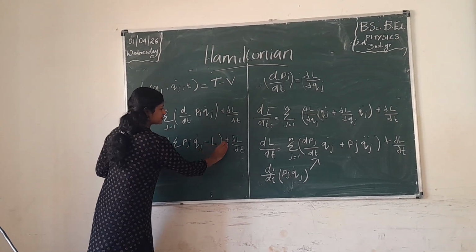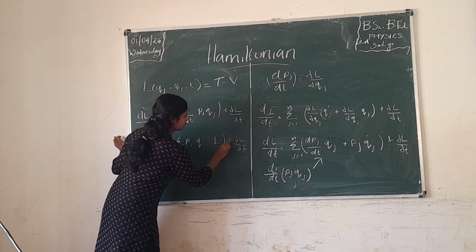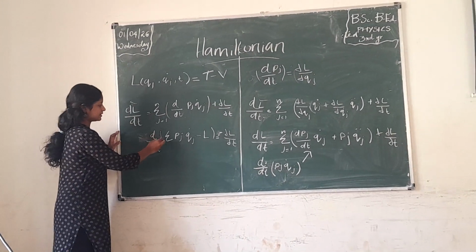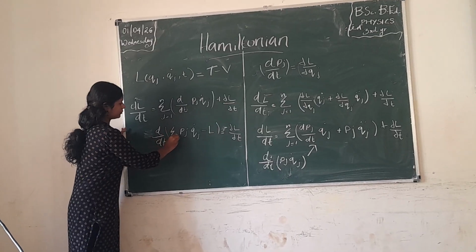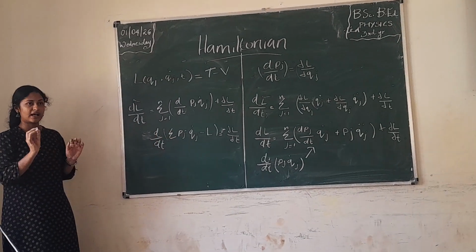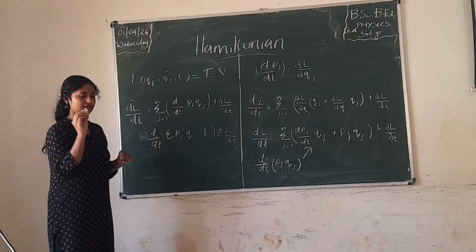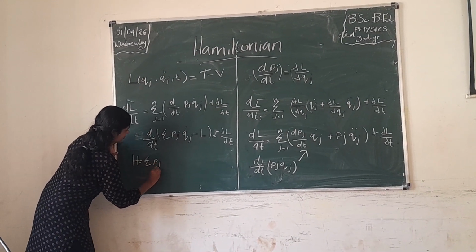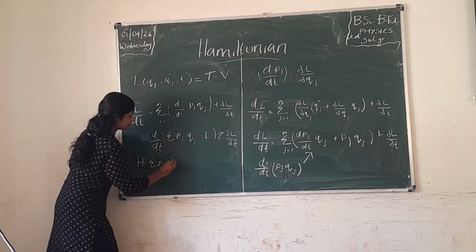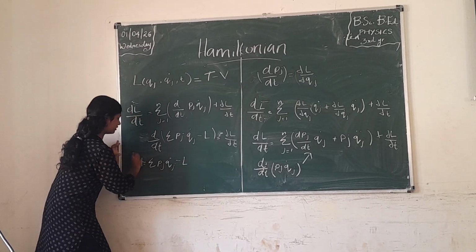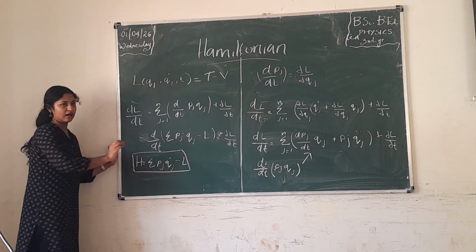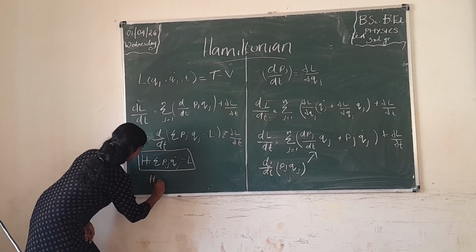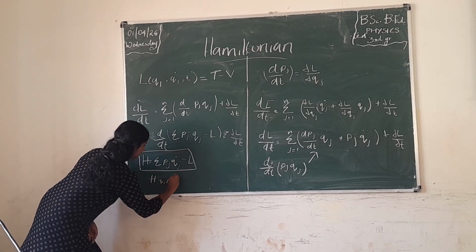We can take this term to the other side, so it becomes minus. We define this term, Pj qj dot minus L, as a function, H. So H is equal to the sum of Pj qj dot minus L. This is the Hamiltonian. Also, we define H in terms of q, p and t.